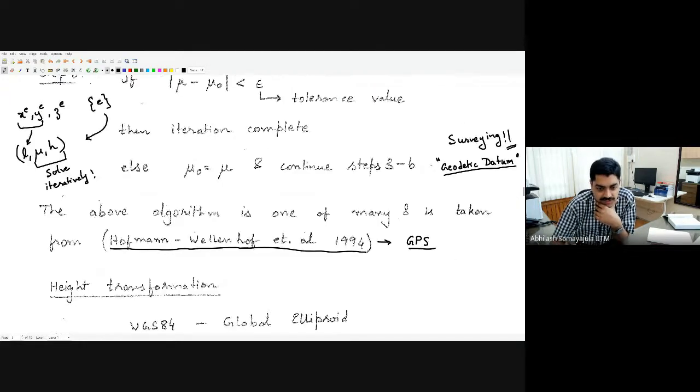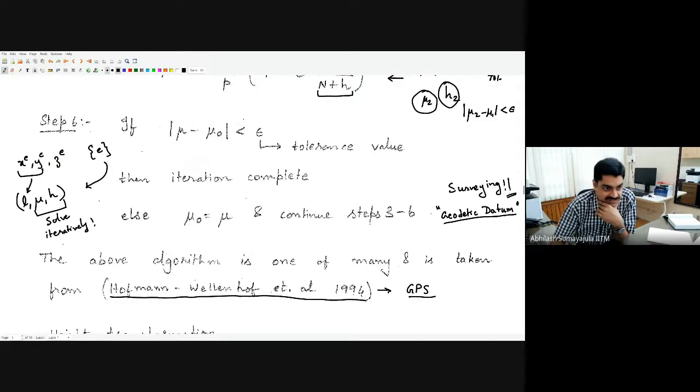Tomorrow we will look at the opposite thing, and we'll also try to understand what this height exactly means. Is this the real height that we are interested in or not? Because many times we are not interested in this height with respect to WGS 84, but rather we are interested in the height from the mean sea level, let's say.